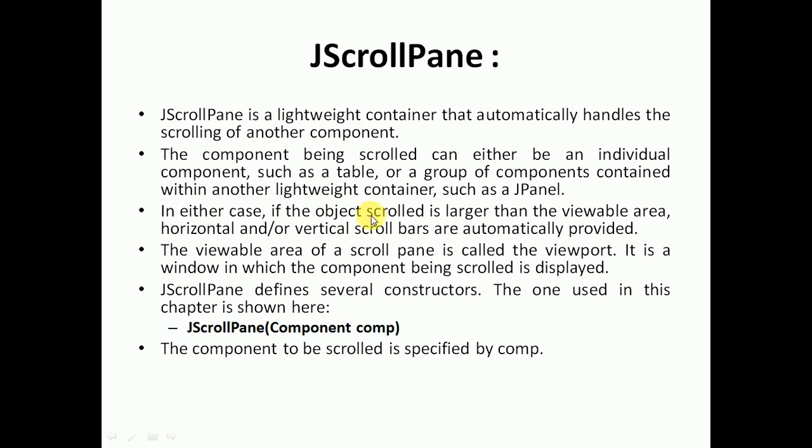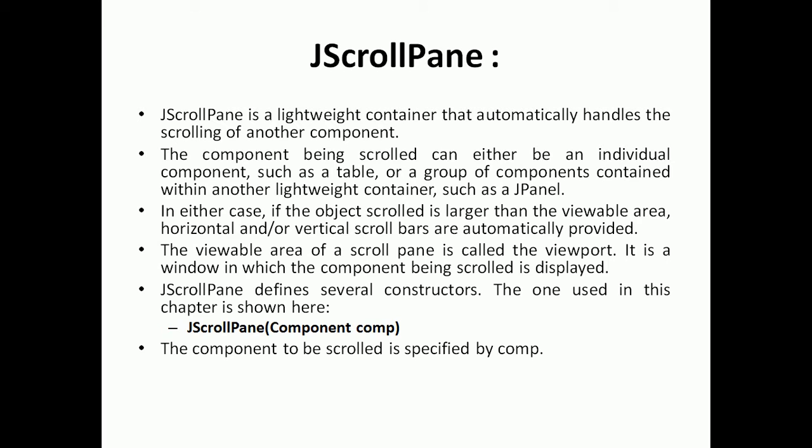In either case, if the object scrolled is larger than the viewable area, horizontal and or vertical scroll bars are automatically provided. The viewable area of a scroll pane is called the viewport. It is a window in which the component being scrolled is displayed. The JScrollPane defines several constructors.